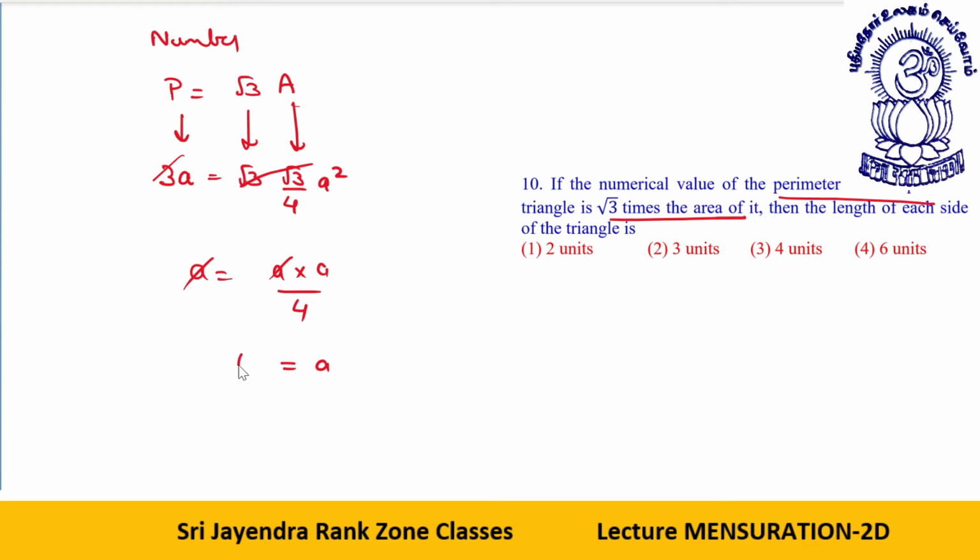This gives me a as 4, so the length of each side is equal to 4 units. Clear, dear students? Next one.